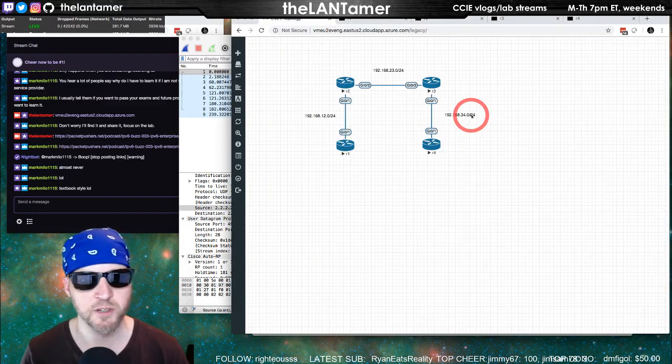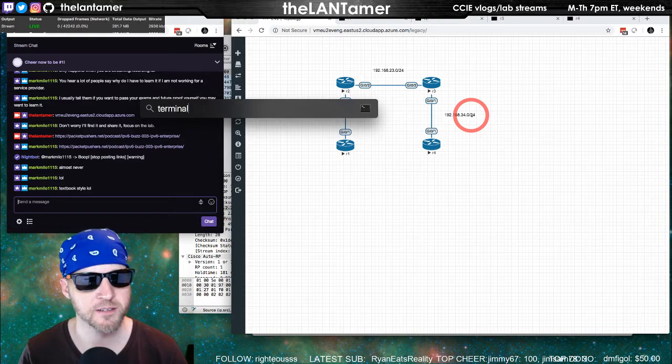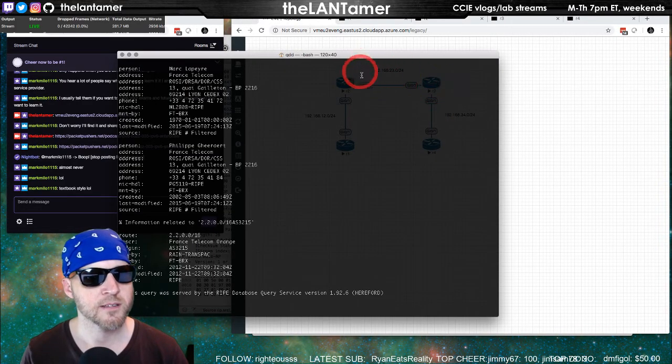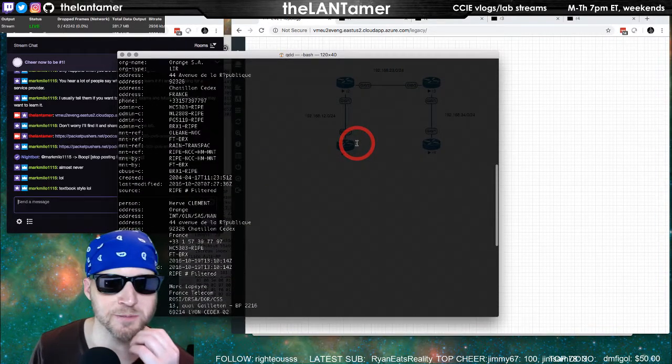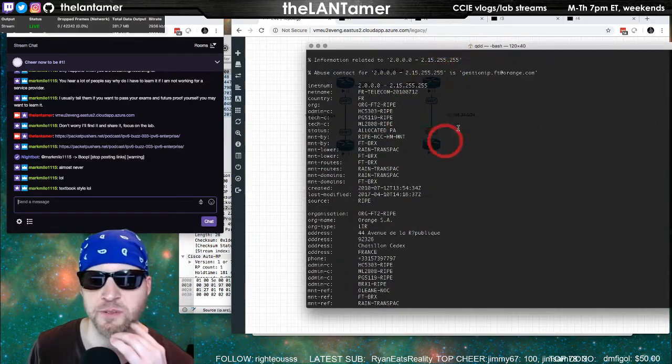As a matter of fact, who is... Actually, it's easier. I'm on BSD. I got the power of whois in my hands here. Yeah, France Telecom. So CloudShark was misinterpreting.